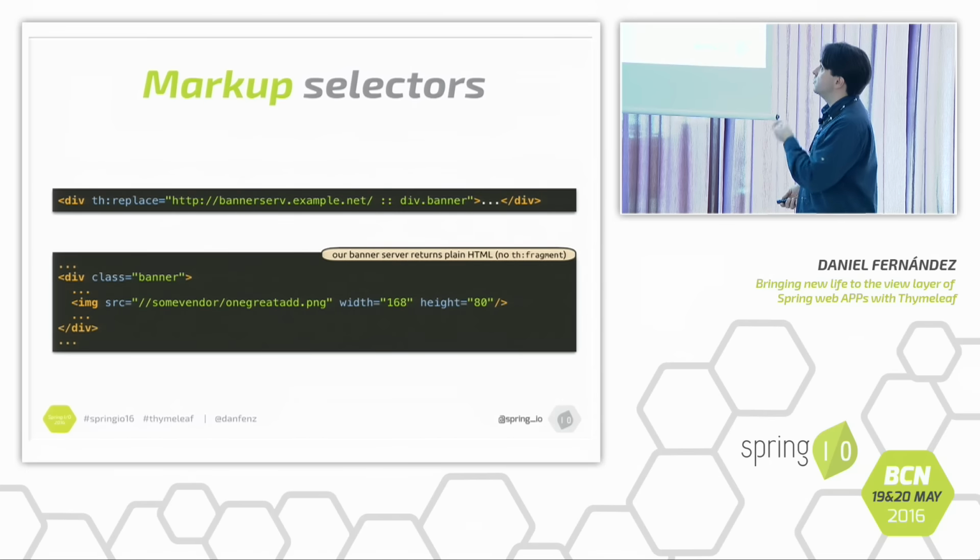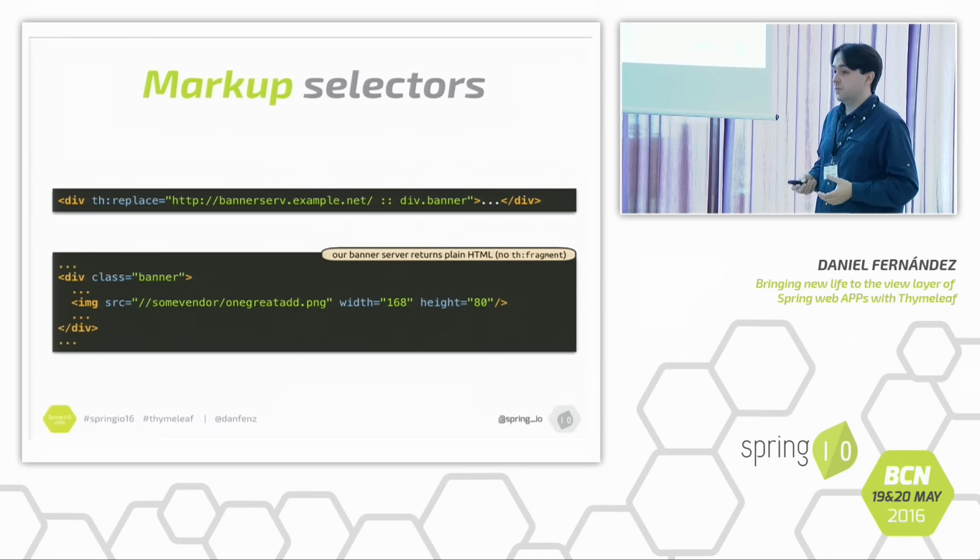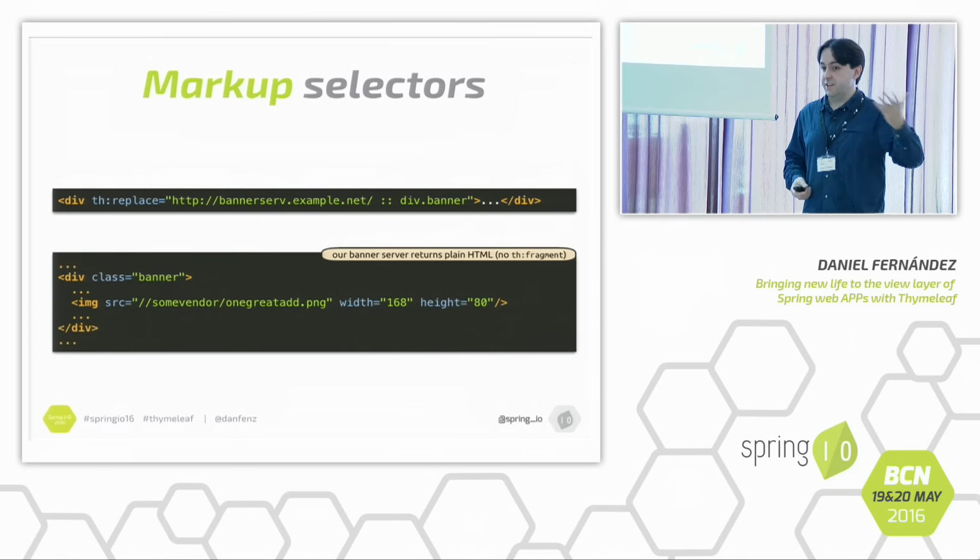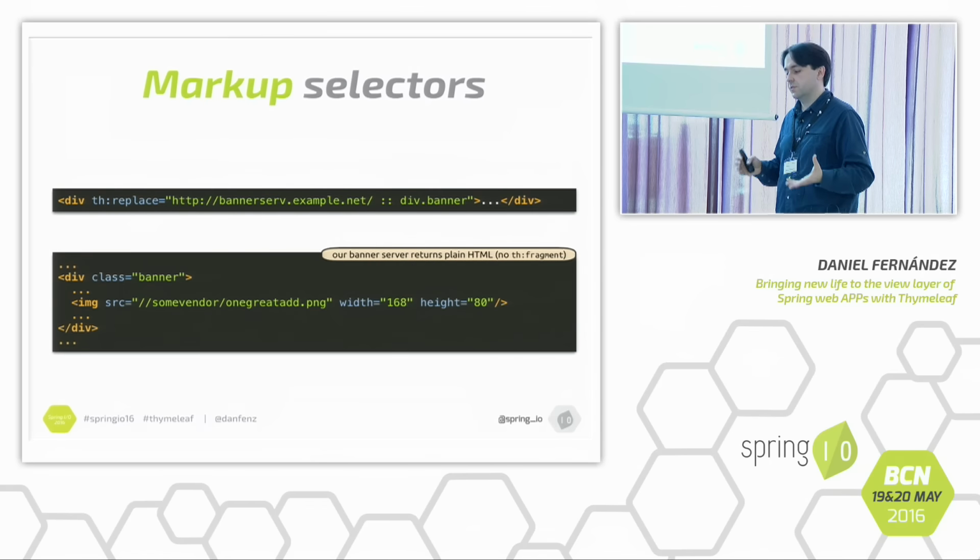We can do that with markup selectors because they have a syntax very similar to CSS selectors or to jQuery selectors. Actually, in this case, we are retrieving the template from a URL. We are making Thymeleaf do an HTTP call to retrieve the template from the banner server, and we're getting any part of it with this kind of selector. It is a very flexible syntax. You can add attribute conditionals. You can add lots of things.